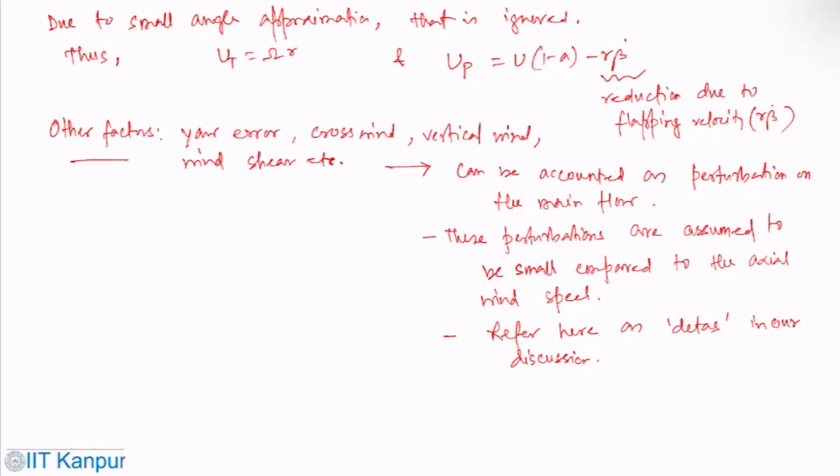So what we can do, so now we say that we crosswind and yaw error.